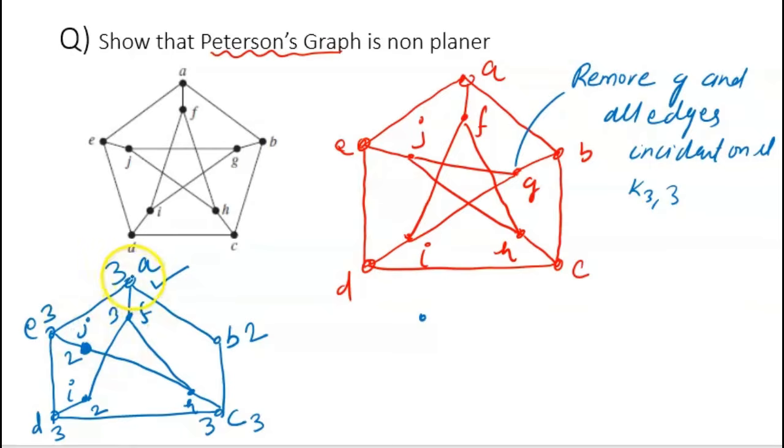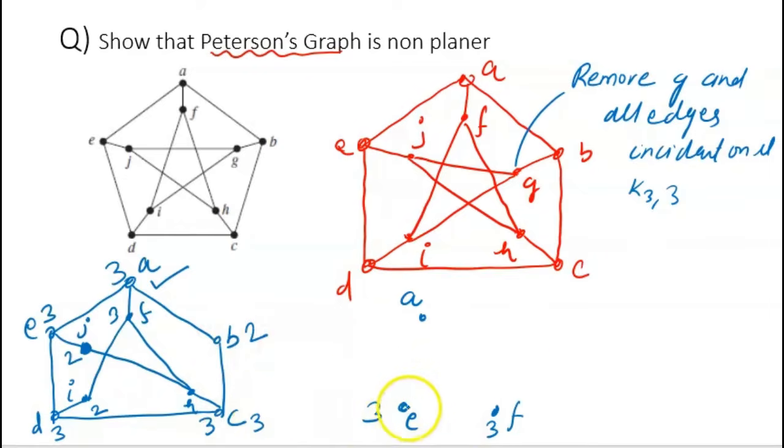So you see that A is of degree 3, I called it A, and then E is of degree 3, so I am going to place E over here. And another vertex of degree 3 is F, so I am going to place F over here. If you look at this, A is joined to B, but its degree is 2, so I am going to leave it for that moment.